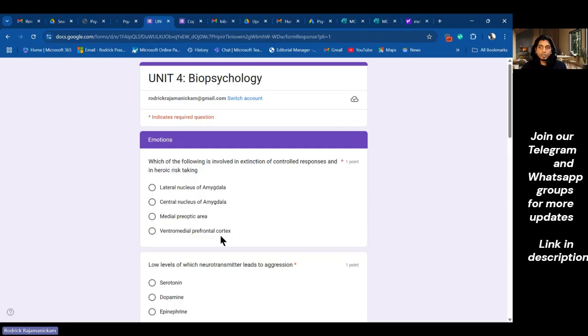So this is how most anxiety disorders are conceptualized. You have hyperactivity in your limbic system, which involves amygdala, and then underactivity by your prefrontal cortex, which does not check it appropriately. So if the ventromedial prefrontal cortex is stimulated, you may have extension or controlled responses, even to an extent where it can lead to suppression of feared responses and some sort of altruistic behavior like risk taking.